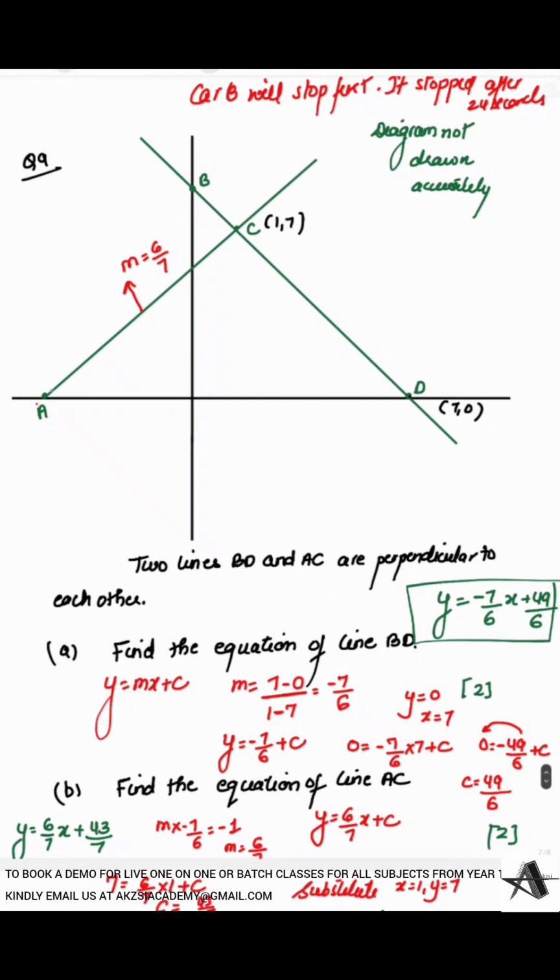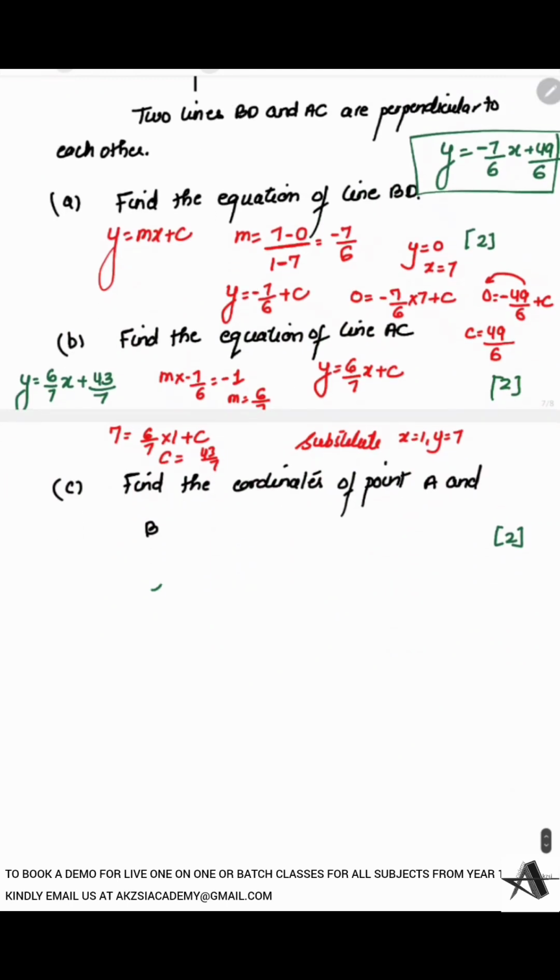See, this point A has coordinates (x, 0). If this is (x, 0), that means y is 0. So in the equation of line AC, because point A is lying on line AC, I can substitute because point A will satisfy this equation. So what's the equation of AC?